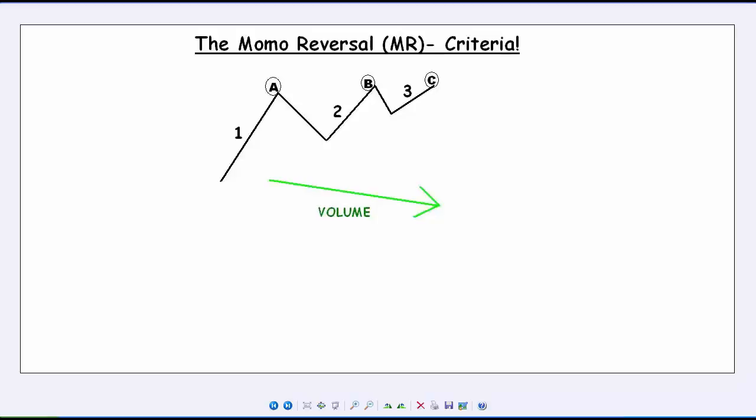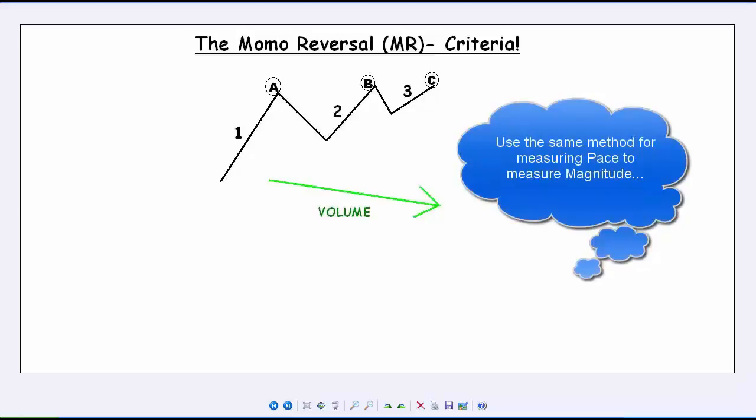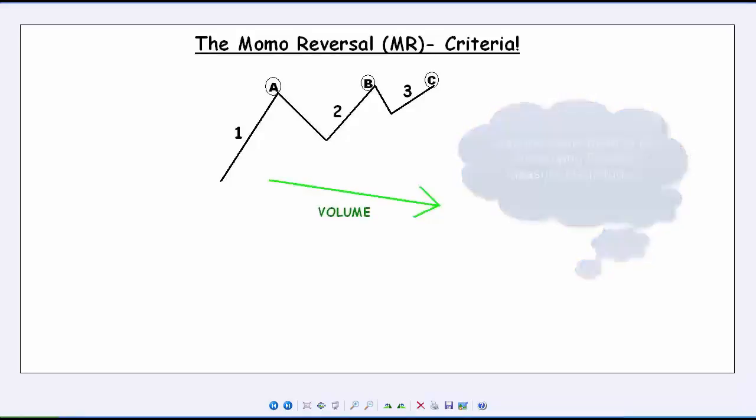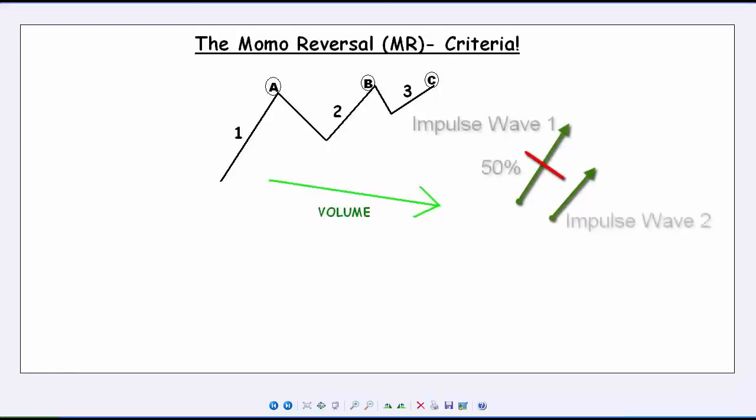So that is pace. Magnitude is the same, that is, impulse wave 1 is bigger than 2, and 2 is bigger than 3. There is a rule governing how big they should be, and that is impulse wave 2 should not be any less than 50% of impulse wave 1, but it shouldn't equal or surpass the magnitude of impulse wave 1.